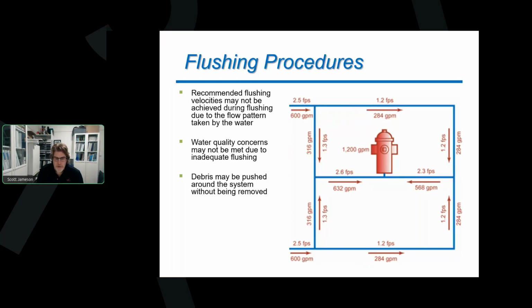So although the total that we're taking out of the hydrant seems quite large, the actual flow through each individual pipe is so low that we're not really doing any type of cleaning of the pipe itself. All we're doing is discharging water. Right? So we want to change this program then. We want to make sure that the flow that I'm reading coming out of the fire hydrant is the same flow that is in the pipe that I'm trying to clean.